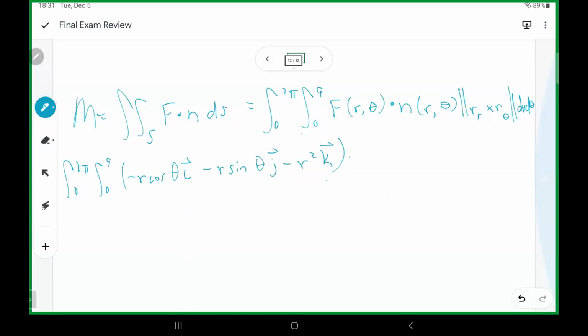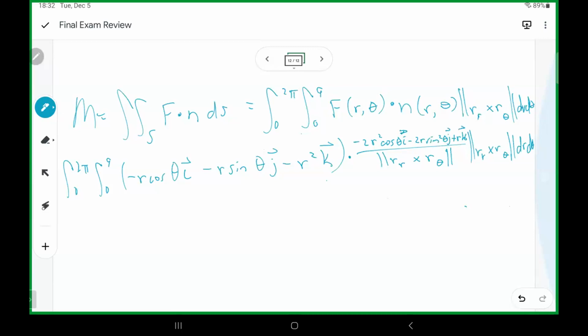And then we've got to squeeze in... and then it's going to be negative 2r squared cosine theta i minus 2r sine squared theta j plus rk.